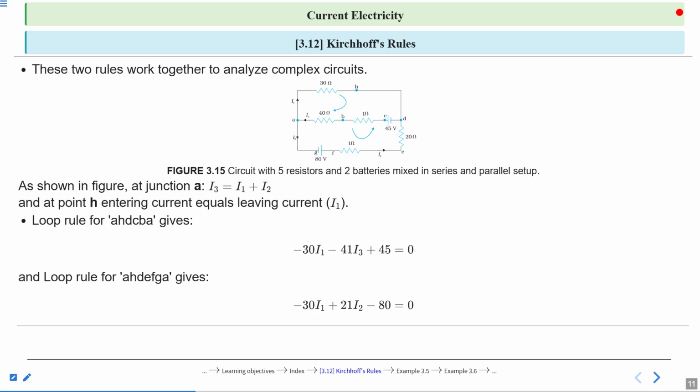Now for the second loop, the below part, A, H, D, E, F, G, A, the whole loop.